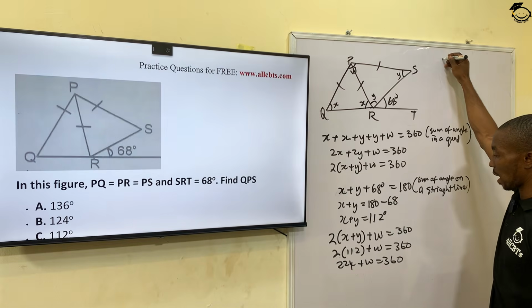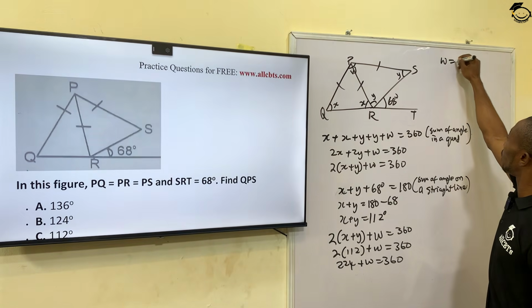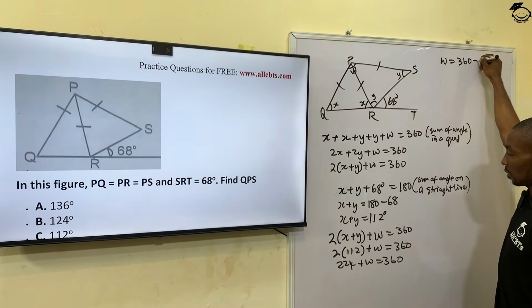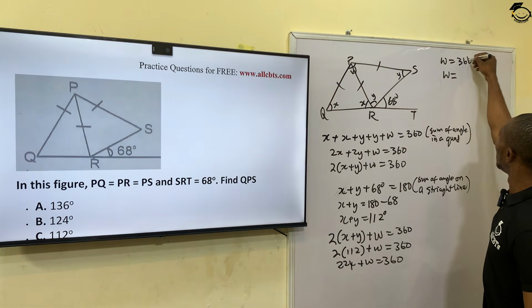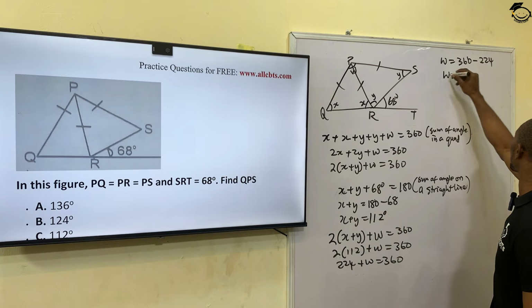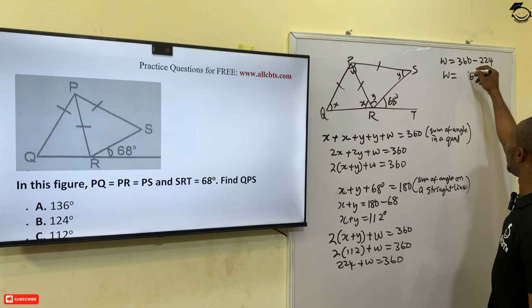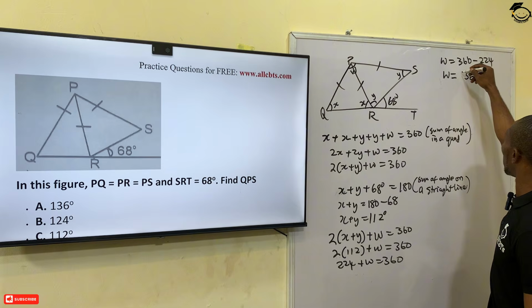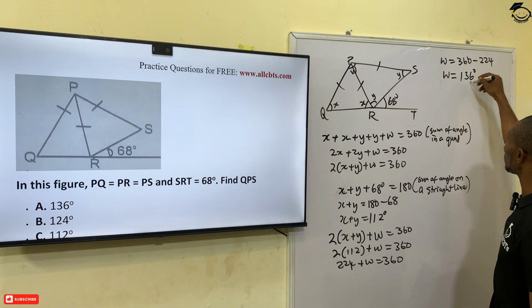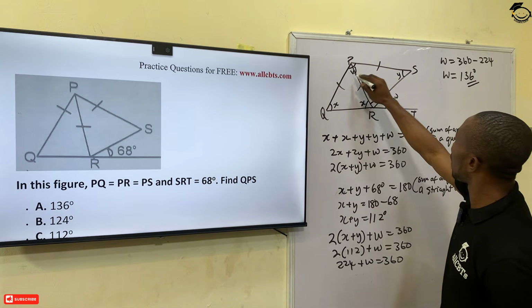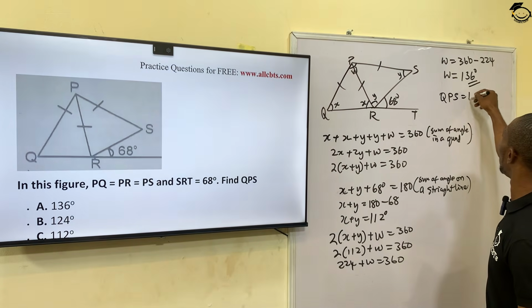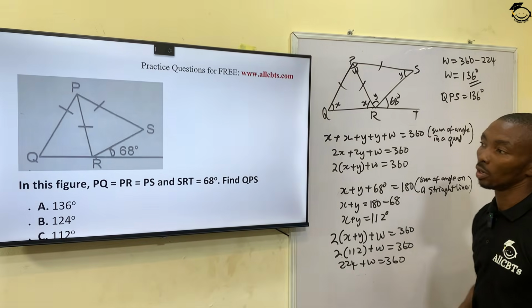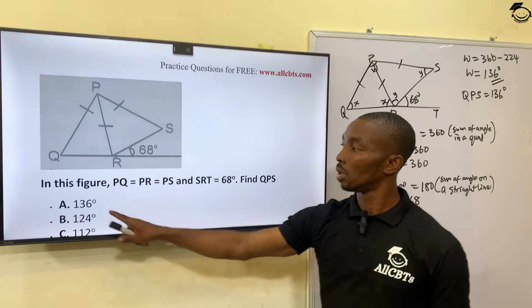So now we have w equals 360 minus 224. Our angle w will be 10 minus 4 will give us 6, 5 minus 2 will give us 3, 3 minus 1, 2 will give us 1. So the angle QPS would be 136 degrees, which is our option A.